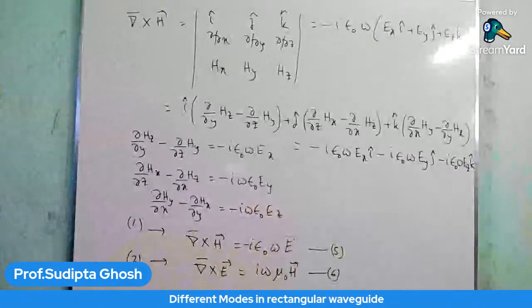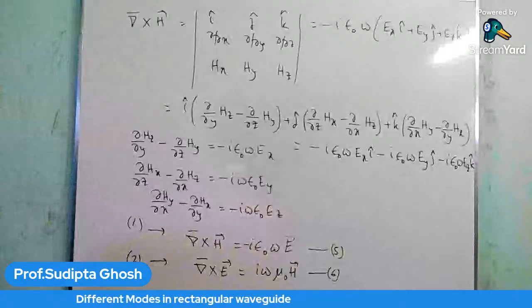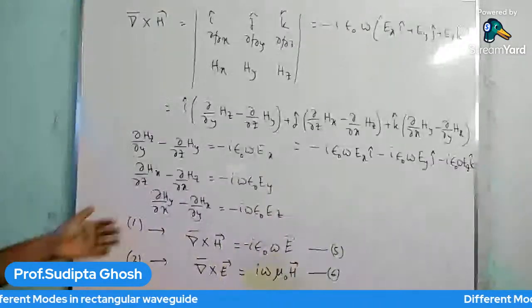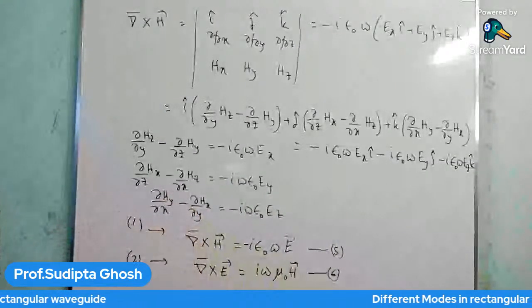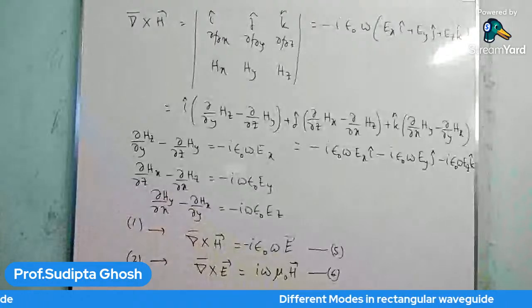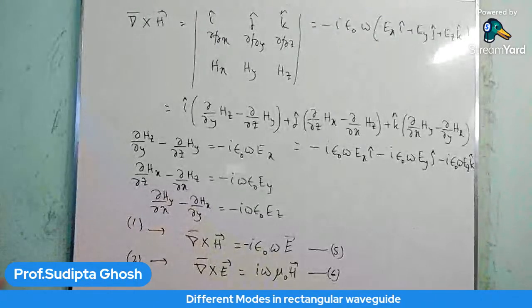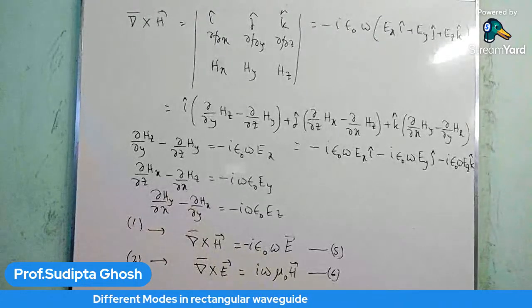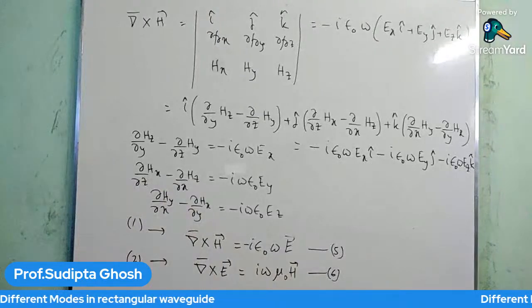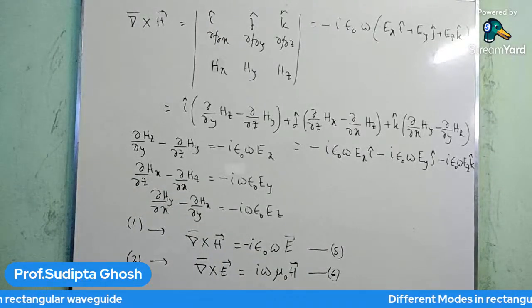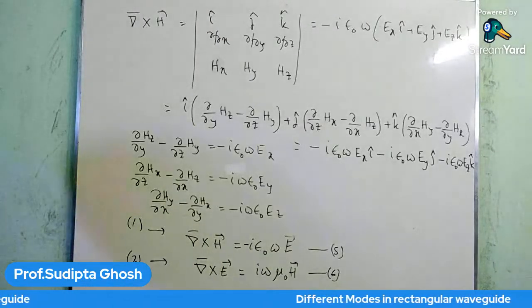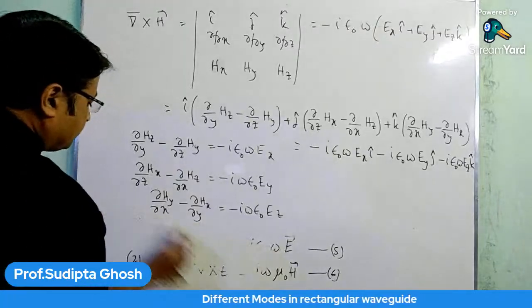So these are the three components we have from equation number 5, right? Now using the solution as I have taken in equation number 8. Equation number 8 I have just wiped out.